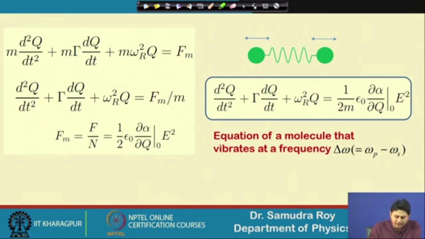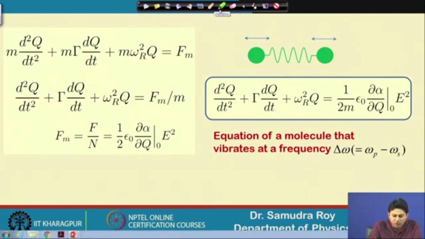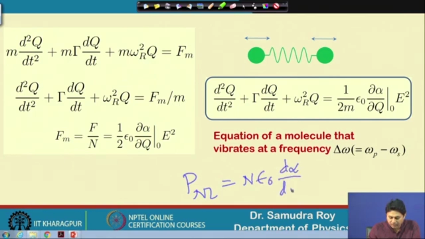P nonlinear is the important thing, that is our aim, and we know that P nonlinear is epsilon 0 d alpha dq evaluated at 0, multiplied by q and E. We derived that.